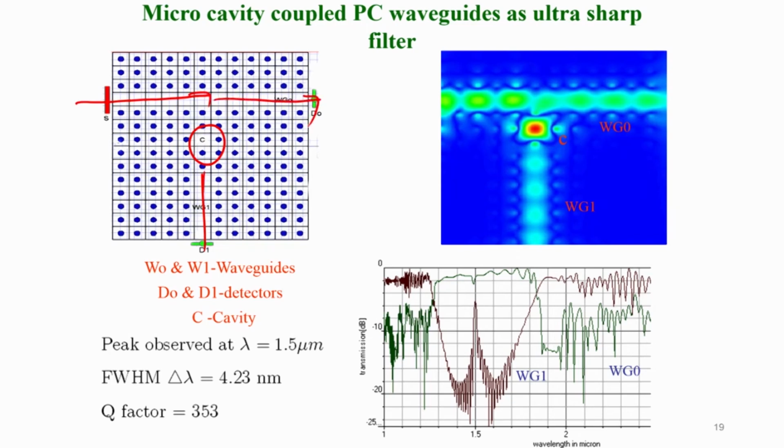This is a simulation of this photonic crystal waveguide sharp filter. You can see in the spectrum that there is a very sharp peak in the stop band. Of course, this greenish one shows the light propagation in the waveguide. So, the peak is designed at 1.55 micrometers with 4.23 nanometer wavelength spread. It is also possible to create much sharper filters.